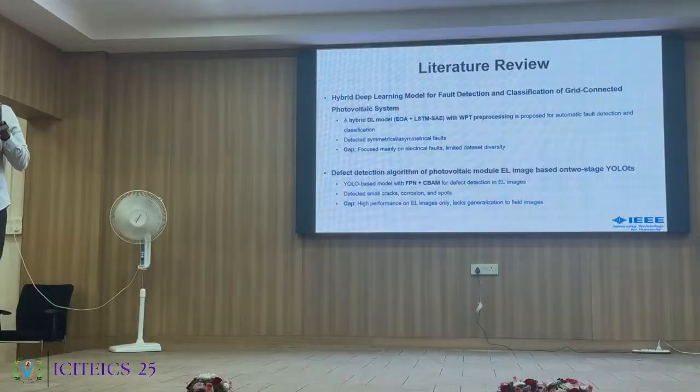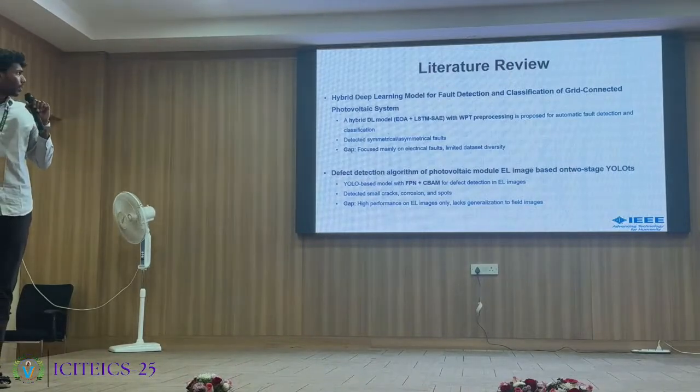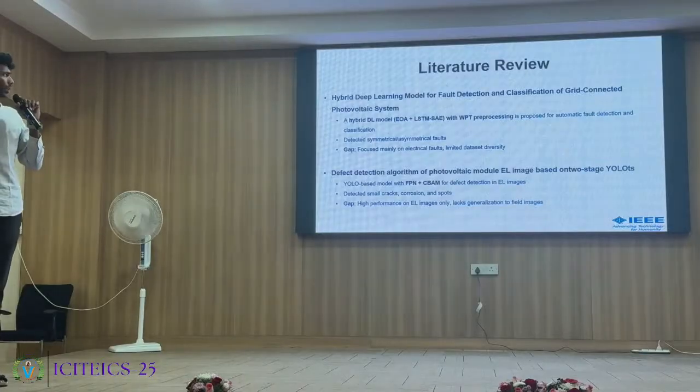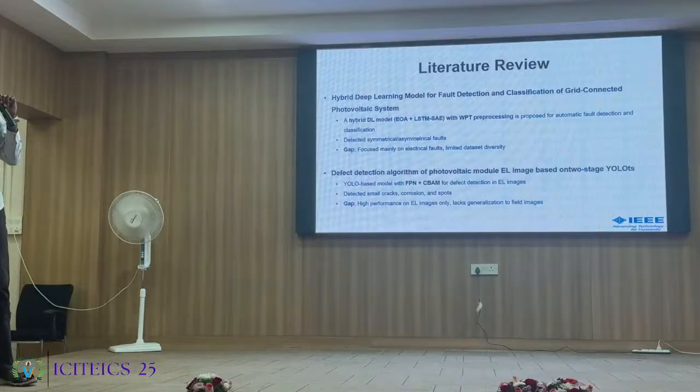Coming to previous works, there are many papers related to solar panel fault detection. The first one is a hybrid deep learning model for fault detection and classification of connected photovoltaic systems.